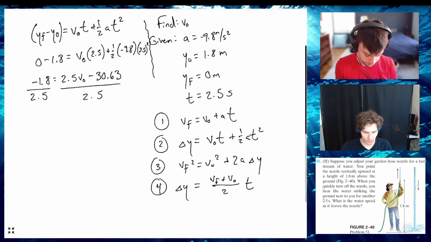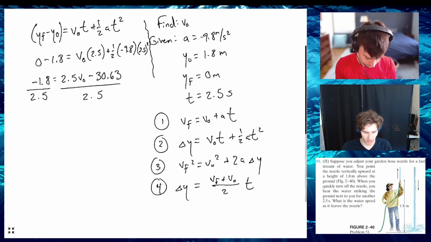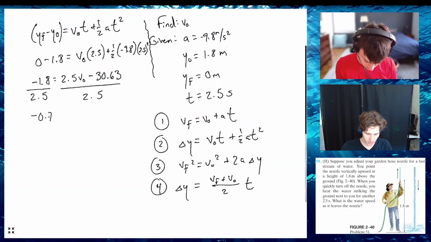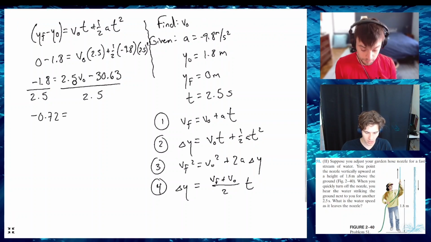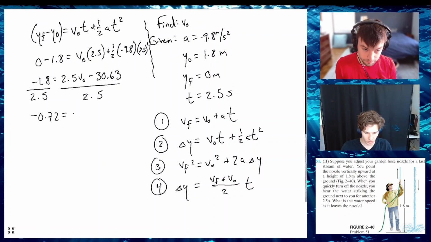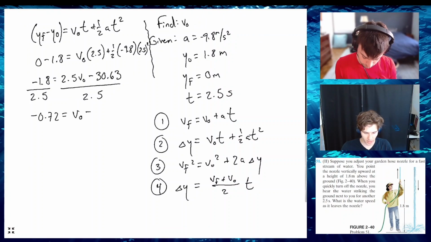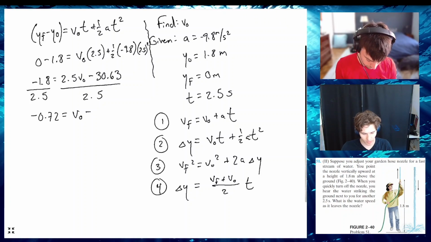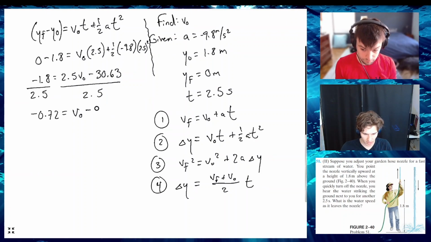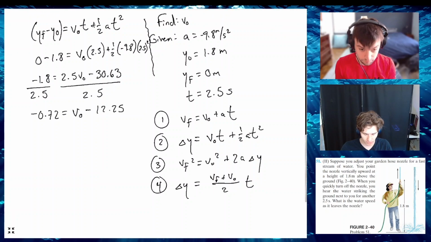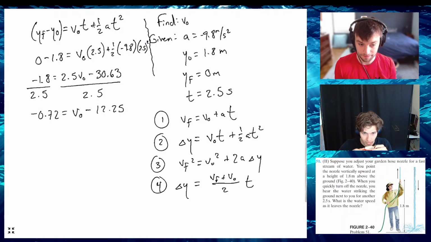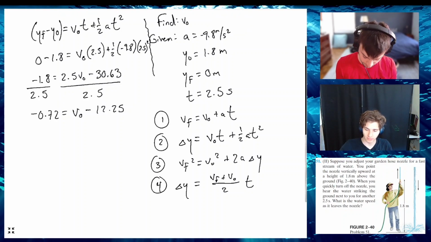On the left side, we have negative 1.8 divided by 2.5, and we get negative 0.72 equals 2.5 V naught divided by 2.5 is just V naught, and then 30.63 divided by 2.5, we'd have minus 12.25. We could add 12.25 to the other side. Perfect.